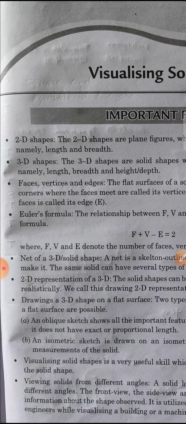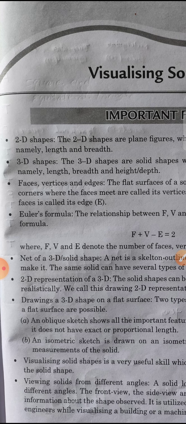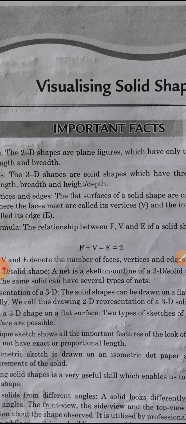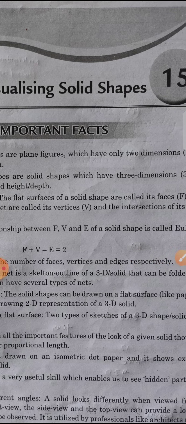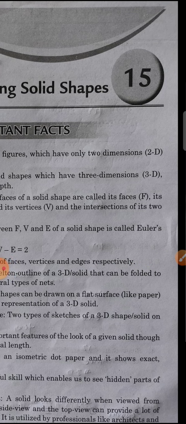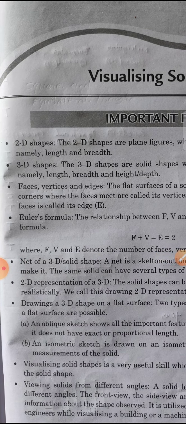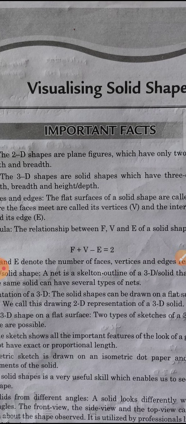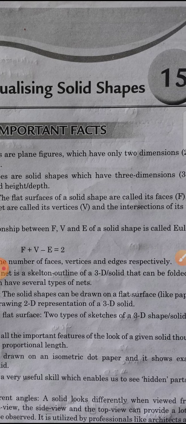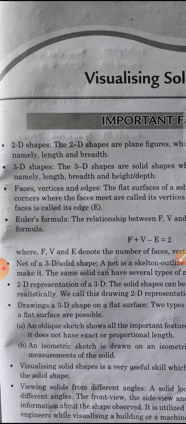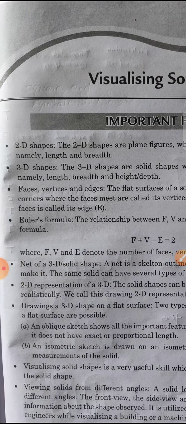So, faces, vertices and edges. The flat surfaces of a solid shape are called its faces, F. Its corners where the faces meet are called its vertices, V, and the intersection of two faces is called its edge.